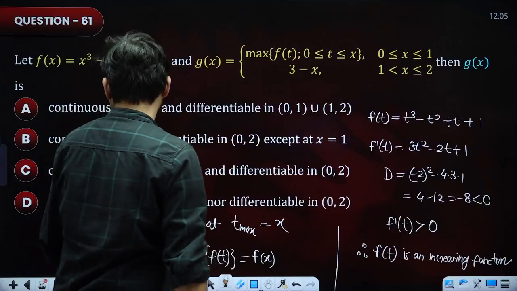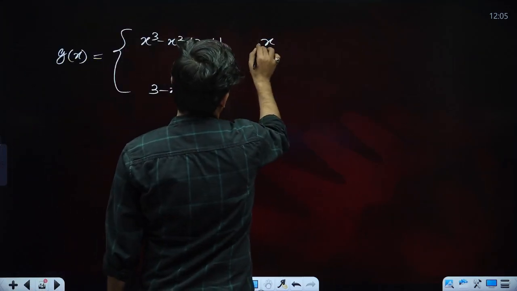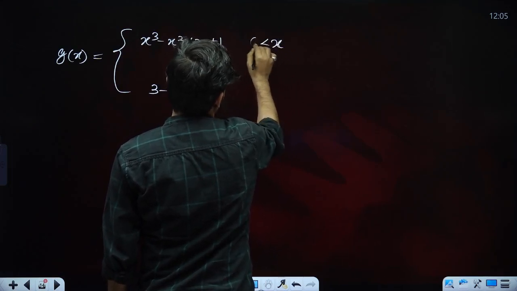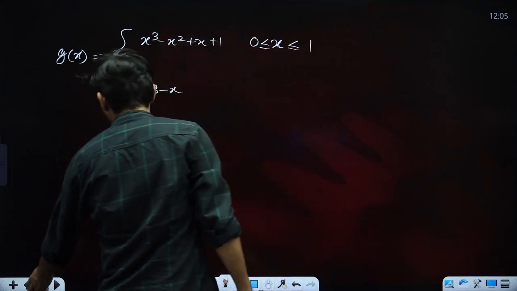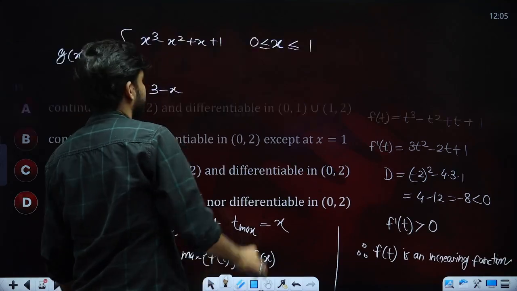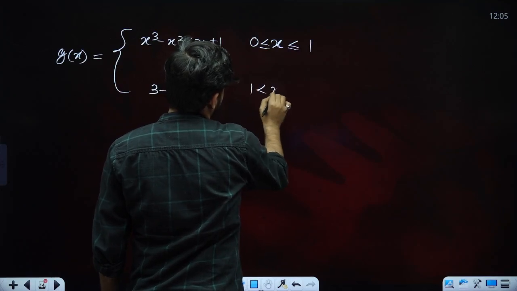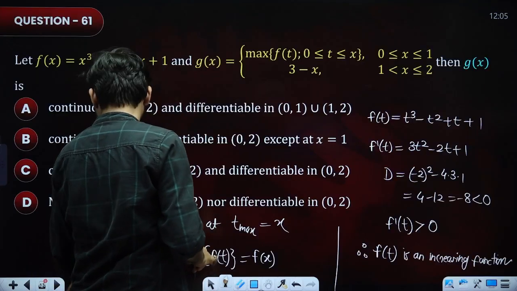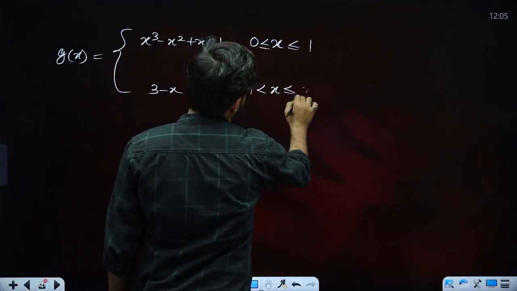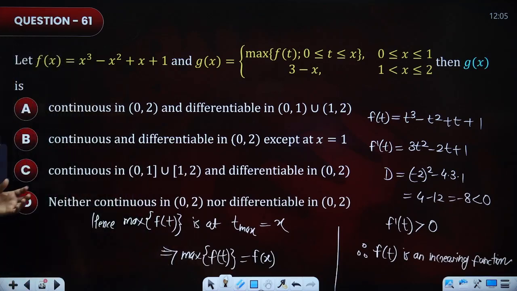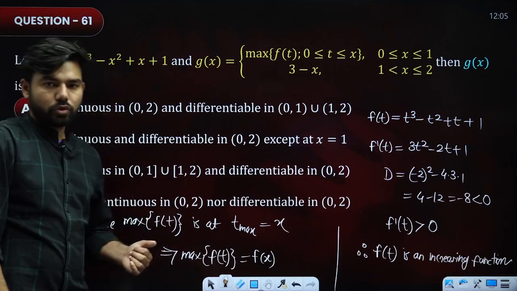Here x belongs from 0 to 1, and x is greater than 1, lesser than or equal to 2. Look at the options over here. It is talking about the continuity and differentiability of g of x.